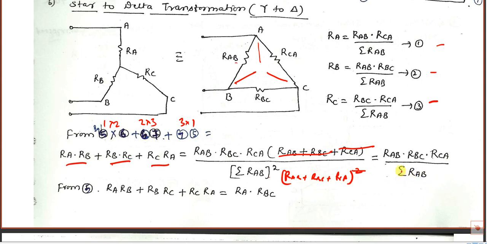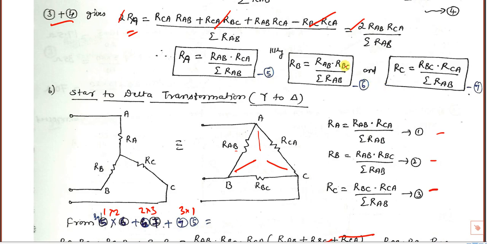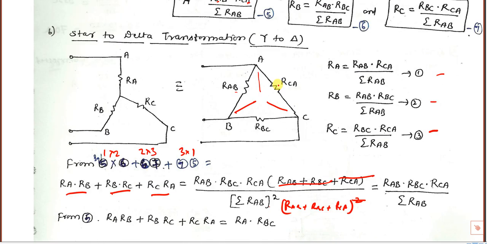This is an important equation. After that, from the equations you take any one equation, from equation number 5. We can write RAB RCA as RAB RCA. Here A is there, here also A is there. So RAB RCA divided by the sum I can write as RA only.